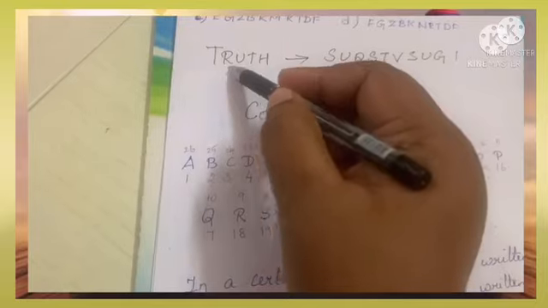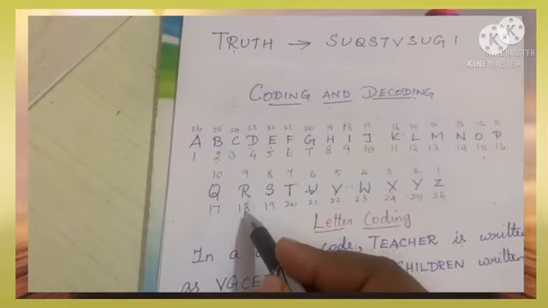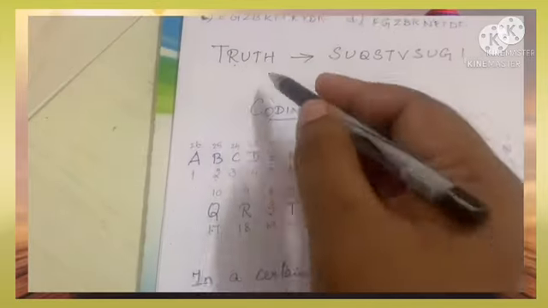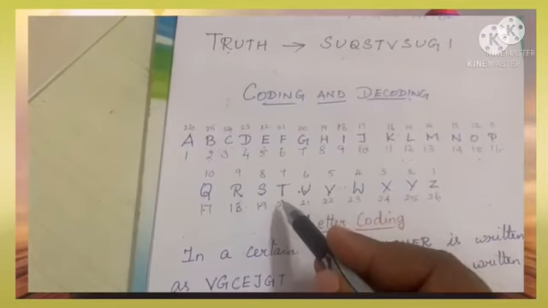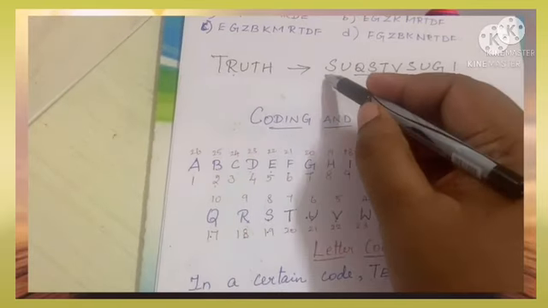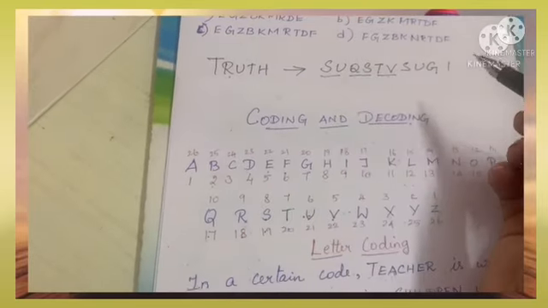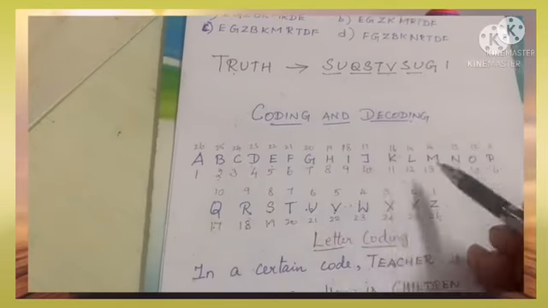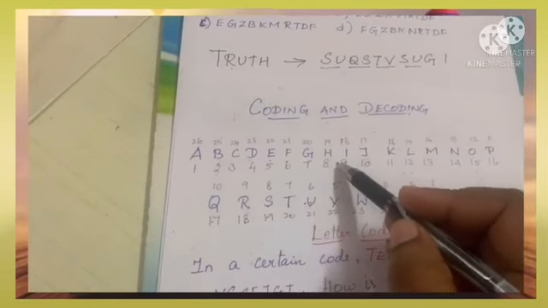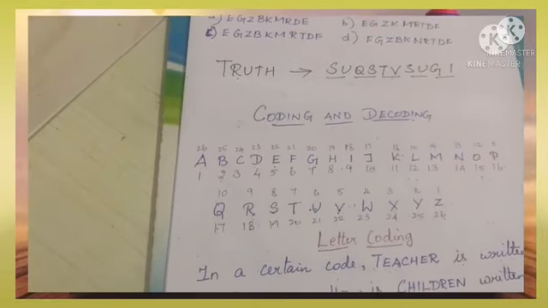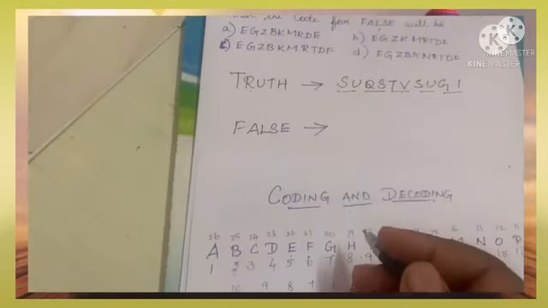Same way R. If I have taken R, I should take QS. U, I should take TV. Can you see QS, SU, TV? And then T again, SU. H, GI.